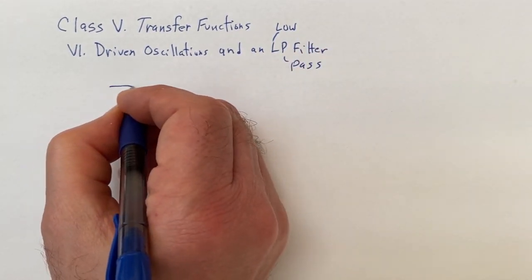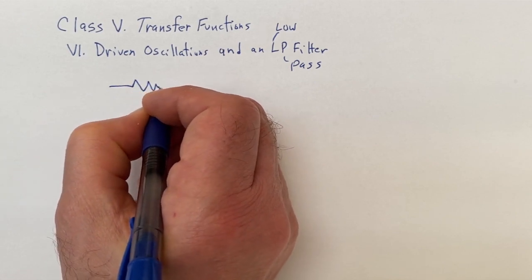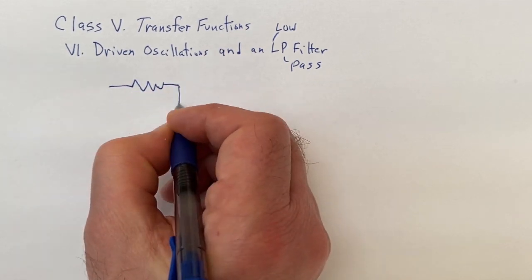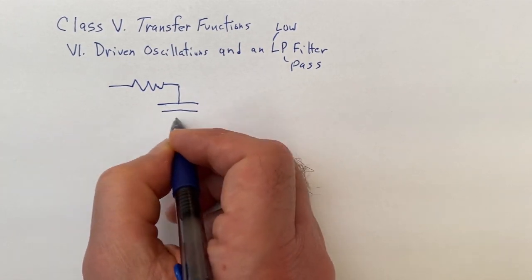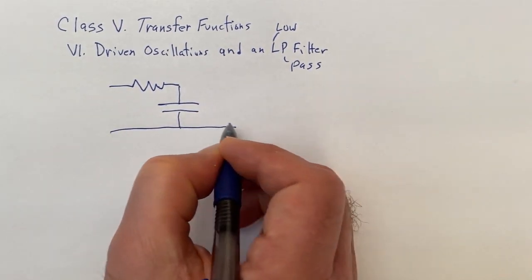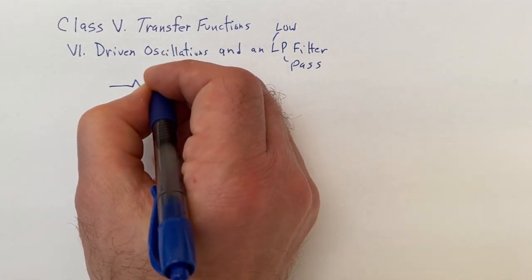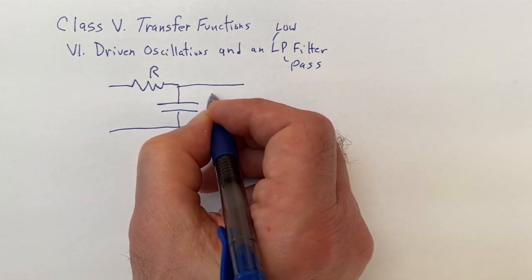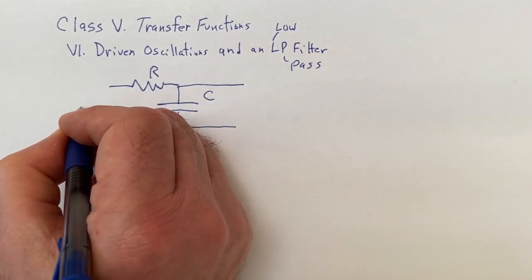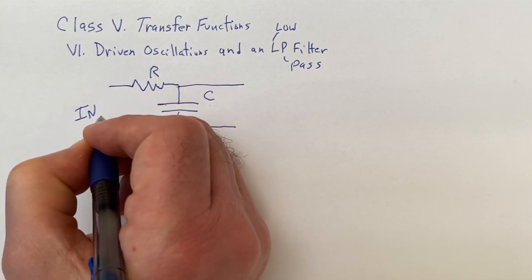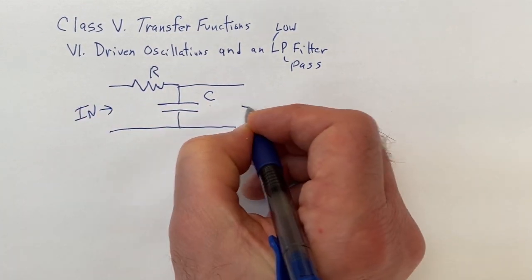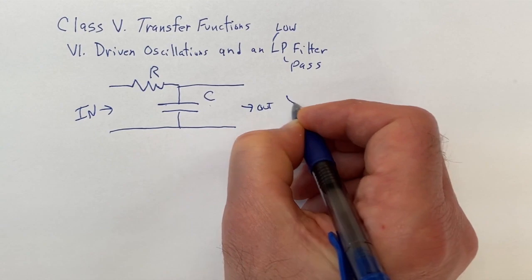Here is a very simple one where you have one resistor and one capacitor. And we are coming in this way from the left, as if reading this way. And this is going to be the out that way.